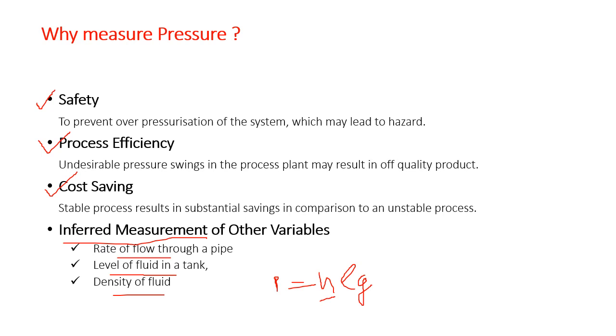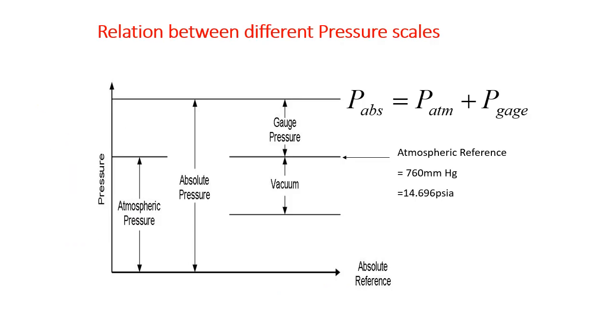And also the density of the fluid sometimes, because if you know the pressure, and you know the H, and if rho is unknown, then you can get the rho also from the pressure measurement. So this is how the pressure measurement works, and this is why it is important. Now, this is one of the very important topics in the instrumentation.